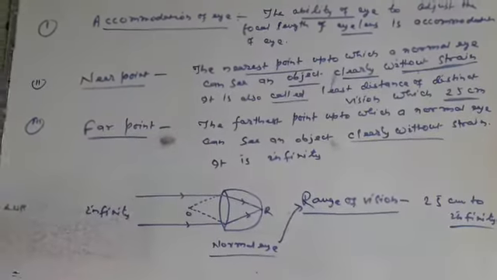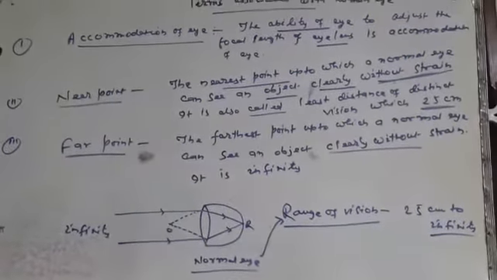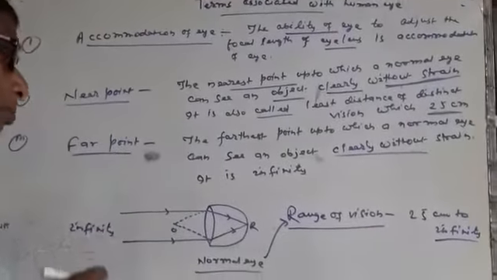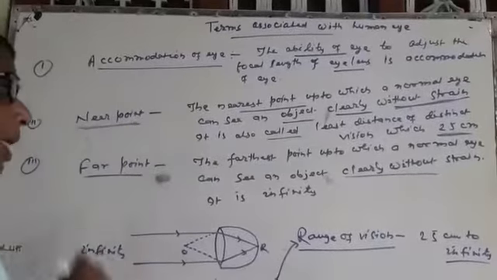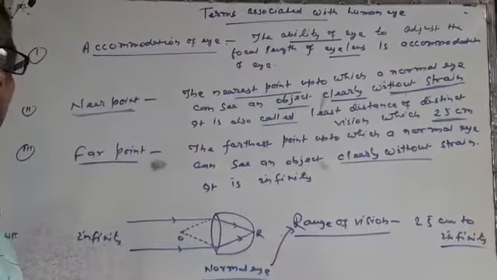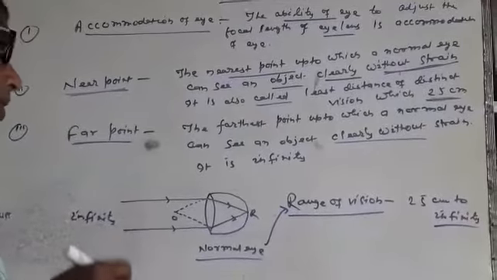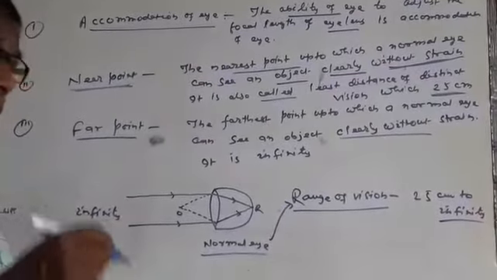It is infinity. We are able to read our book clearly up to 25 centimeter, so that is the near point, but we are also able to see a star in the sky, which is at infinity. So this is the far point for that person.